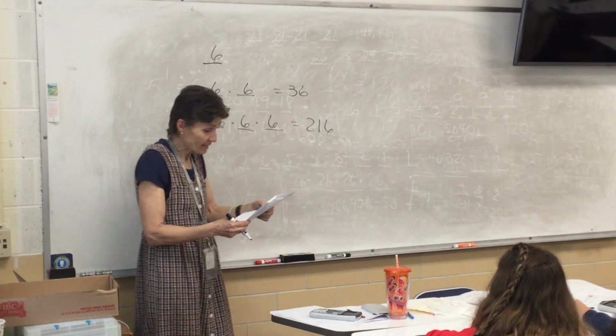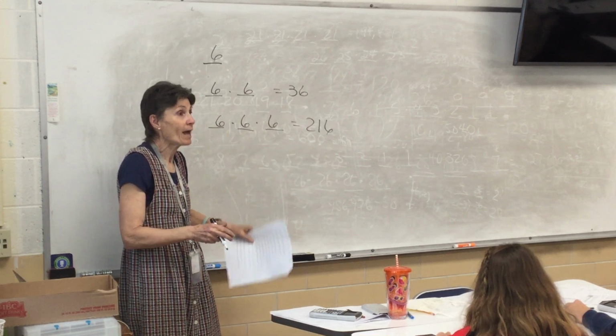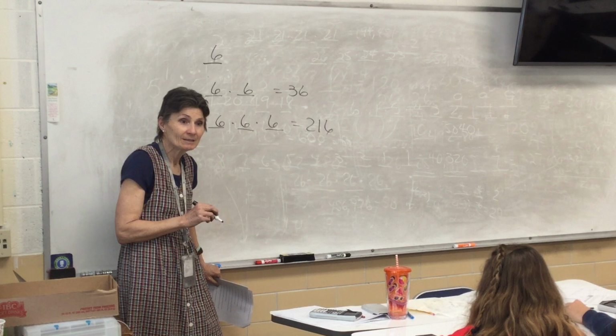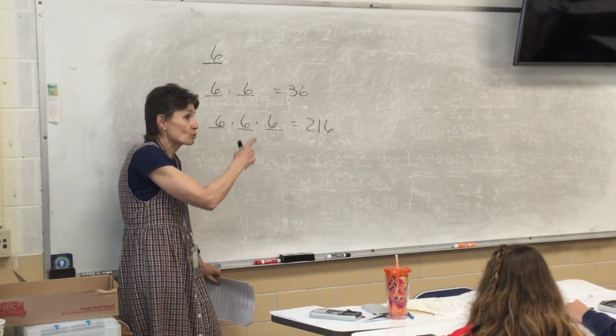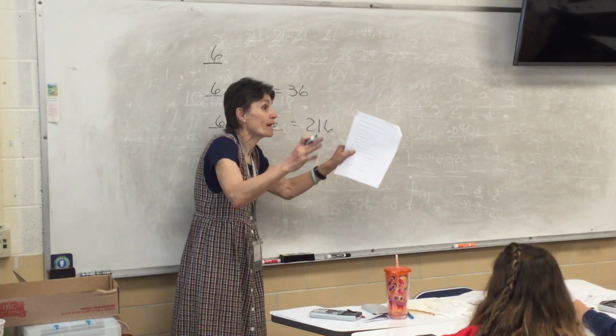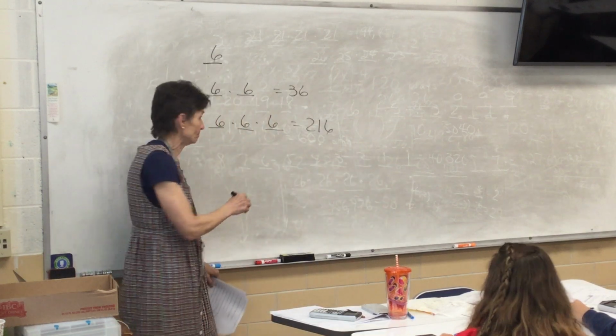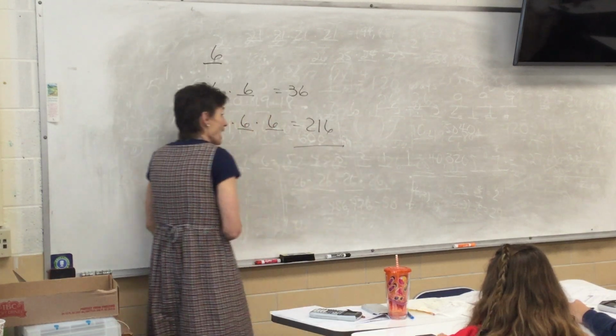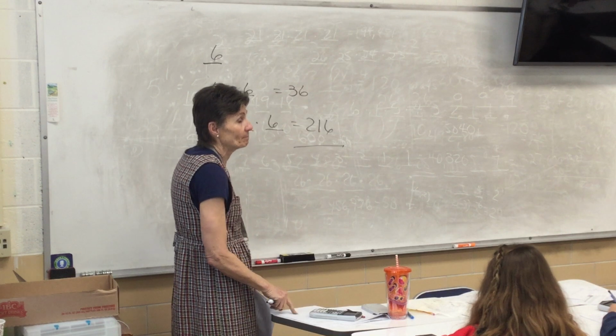The question says, how many do you have all together? So what will I do with those 3 numbers? What does all together mean? Add them. You add them up. That's exactly right. We're going to add them up.